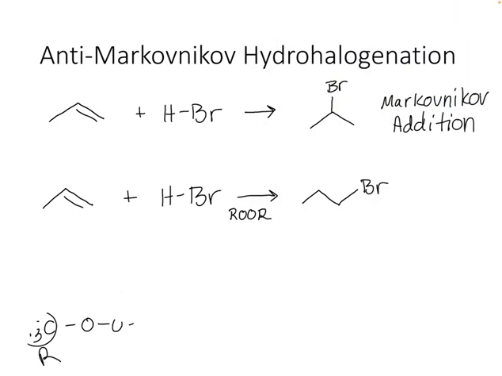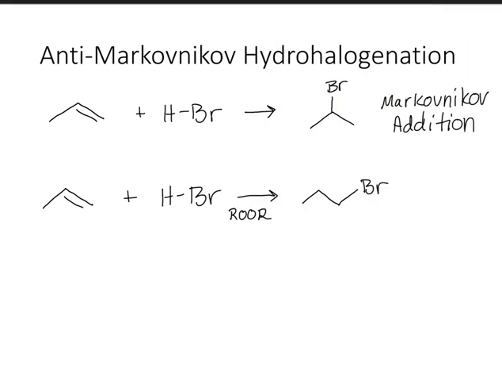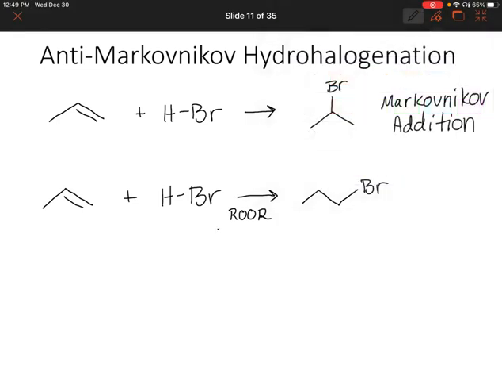So anything with OO in the middle. So I'll just write that underneath so we remember. But what's interesting is if you just add in this peroxide, bromine suddenly adds to the less substituted side of the double bond. So a super easy solution.